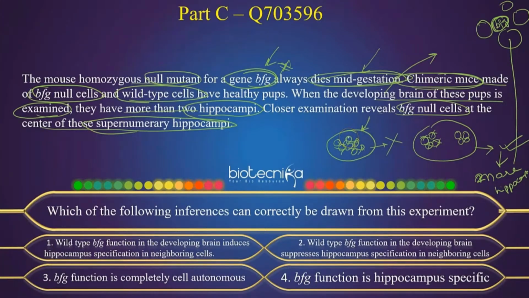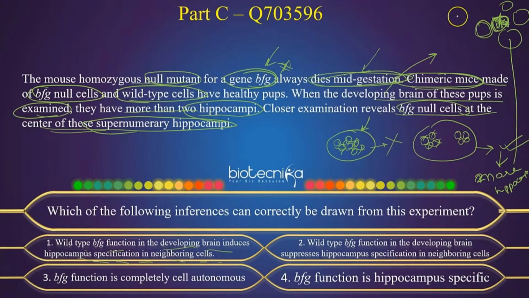So the first option says that wild type BFG function in the developing brain induces hippocampus specification in neighboring cells. See, in the center of the supernumerary hippocampus, you have BFG null cells, right?